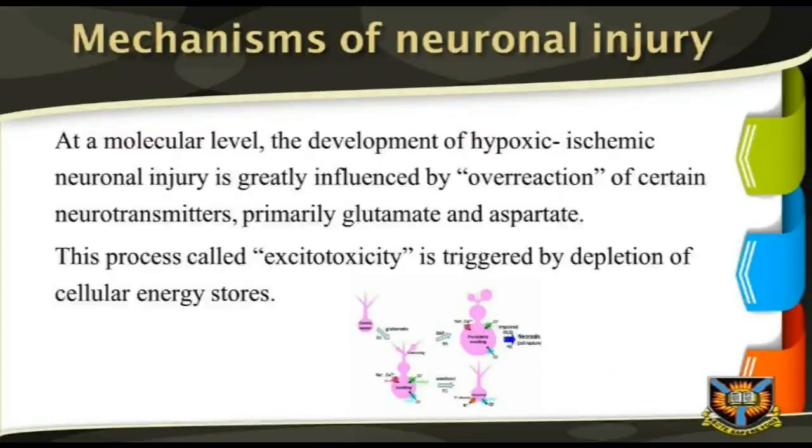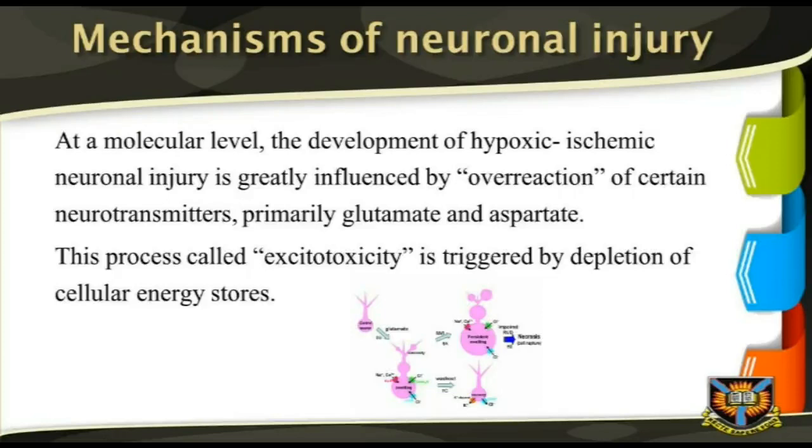At a molecular level, the development of hypoxic ischemic neuronal injury is greatly influenced by overreaction of certain neurotransmitters, primarily glutamate and aspartate. This process, called excitotoxicity, is triggered by depletion of cellular energy stores. Glutamate, which is normally stored inside the synaptic terminals, is cleared from the extracellular space by an energy-dependent process.